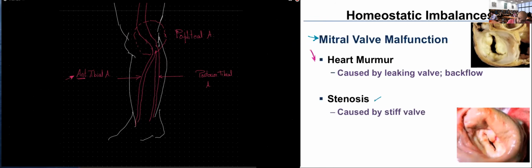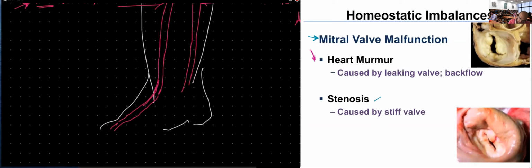All right, anterior tibial artery will keep moving down and passes to travel in the superior surface of the foot.